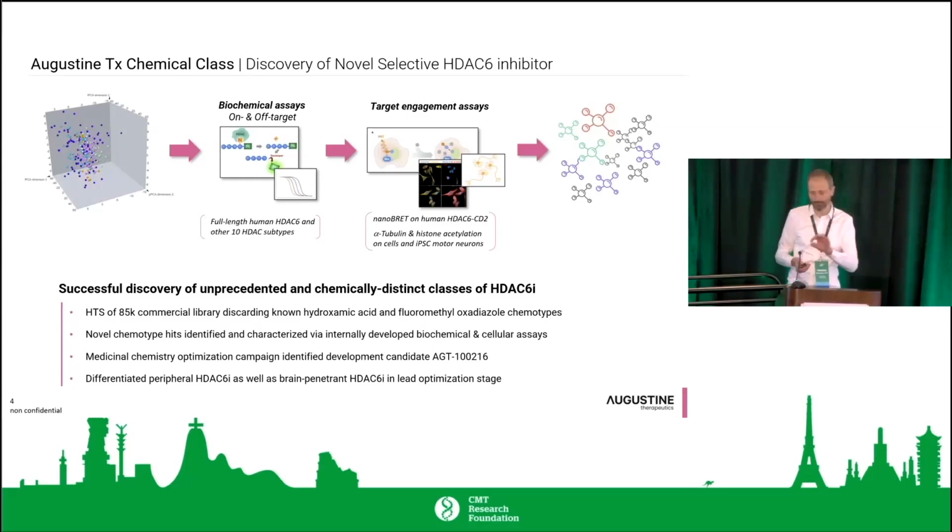And through that funnel, we have identified molecules that are both unique from a chemical point of view and highly selective for HDAC6. That series has been optimized and led to the discovery of our lead molecule, HED216, of which I will show some exciting data. But in the meantime, we've also developed follow-up candidates which are peripherally restricted, such as HED216, but we also managed to get brain-penetrant leads, which are now in lead optimization stage.